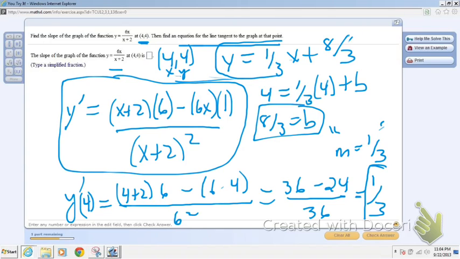Let's try to type that in. Actually, at phase 1, I just noticed they're just asking us for the slope, which is a third. I'm going to write that down. So slope is a third, and the full-blown equation is a third x plus 8/3.